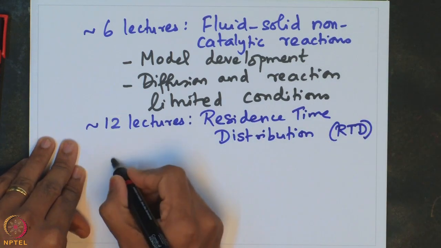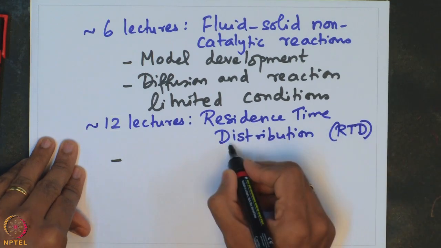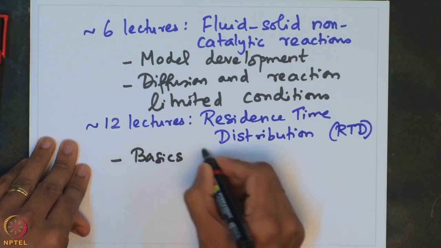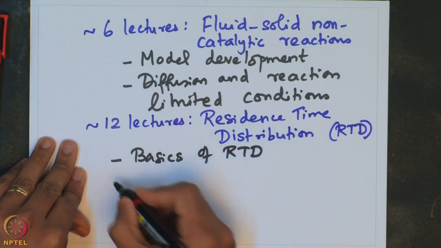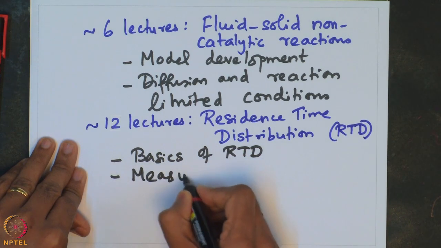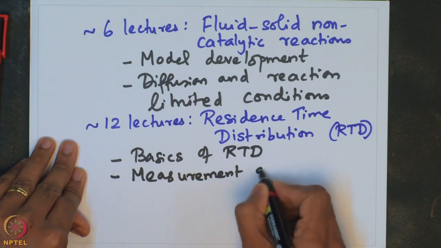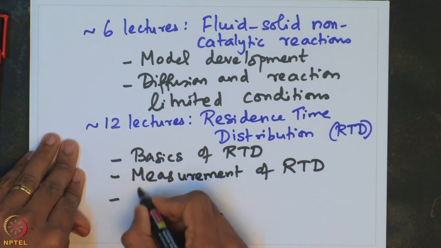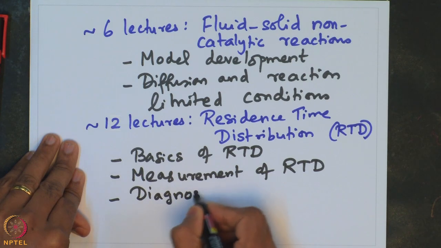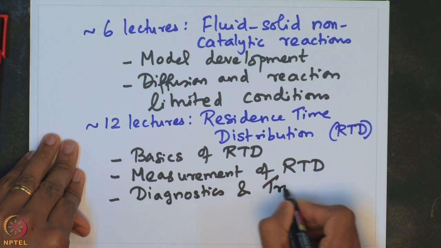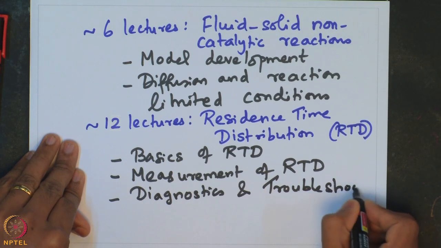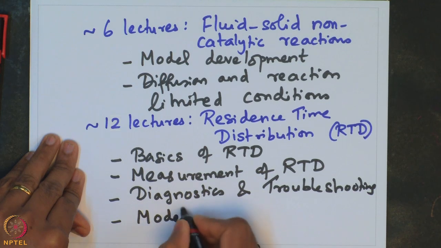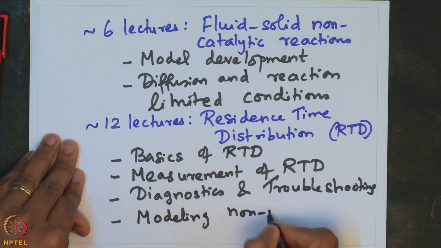In this, we will actually define what is a residence time, we will define what is residence time distribution, we will look at all the basics of RTD, we will look at measurement of RTD, what are the different ways to measure the residence time distribution, we will look at diagnostics and troubleshooting, and lastly we look at modeling non-ideal reactors.